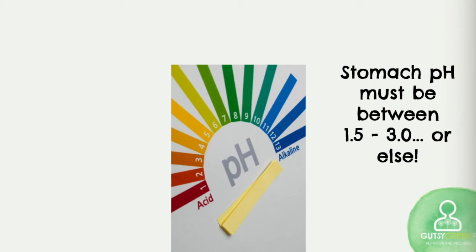Literature has shown that a pH level between 1.5 and 3.0 in the stomach is fundamental for proper function. This is very acidic, along the lines of battery acid. Likewise, when it's outside of this window, health consequences begin to ensue.